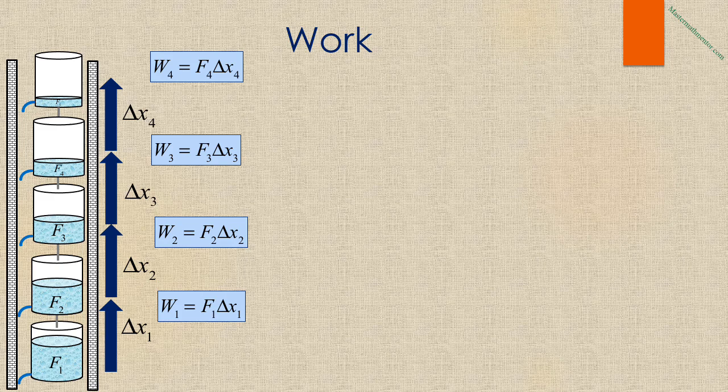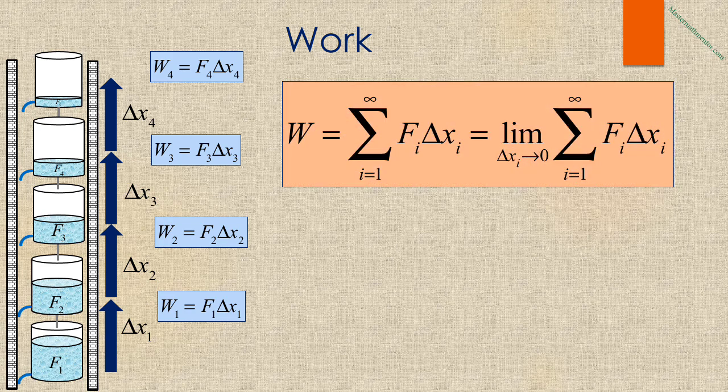And now the bucket has lost more water, so it now weighs F sub 4. So we move our bucket up a distance of delta x sub 4, and the work to move the bucket is W sub 4 equals F sub 4 delta x sub 4. It should be clear what is going on here.